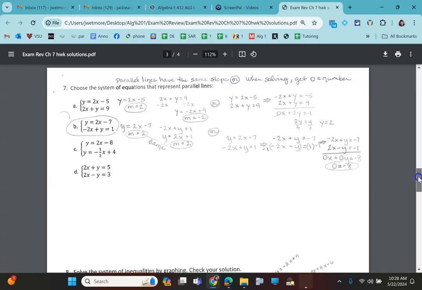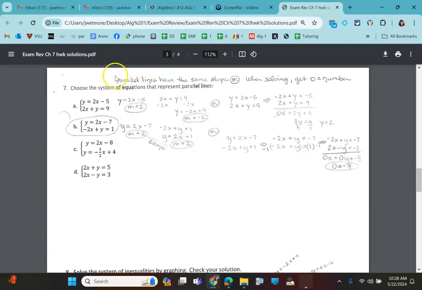All right, then for number 7, they gave us 4 different systems and they asked us which ones represented parallel lines. Now, there are 2 different ways that you could do this. You could solve this just like we were doing with substitution, elimination, graphing, whatever you like better. When you're solving, parallel lines will get the solution 0 is equal to some non-zero number. You get a non-true statement.